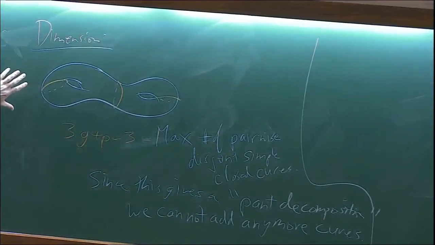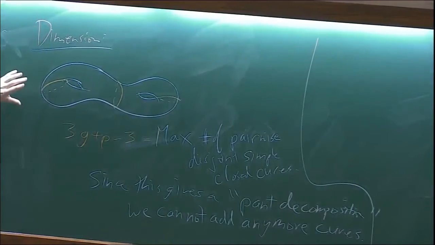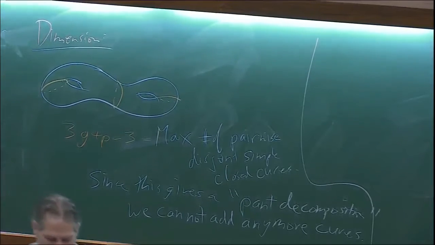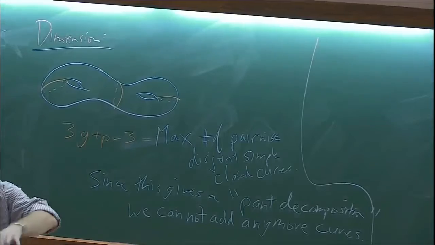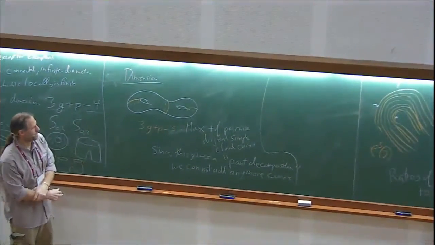As an aside, one interesting mapping class group element is a Dehn twist, where I take my curve, cut open along it, twist by 360 degrees, and glue back together. So that's a non-trivial element of the mapping class group.